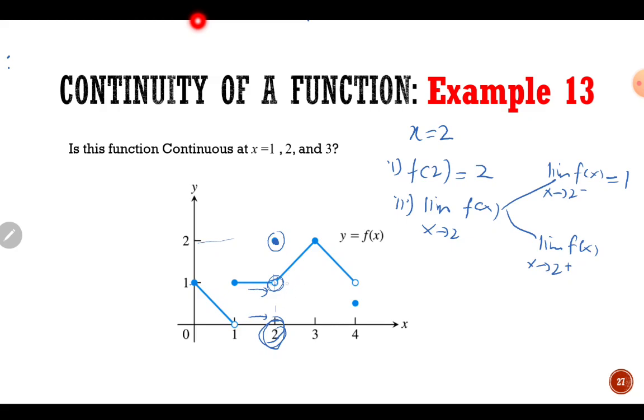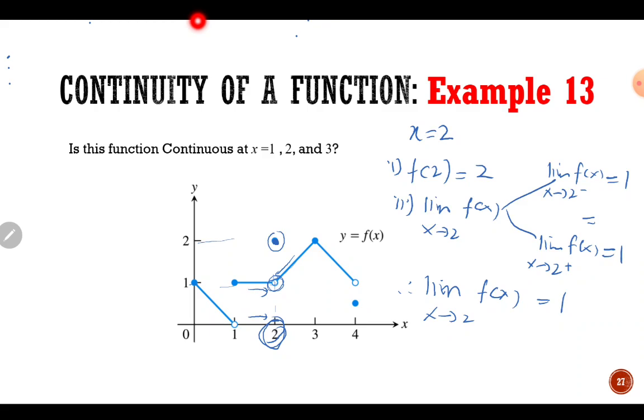From the right, we have the same curve, so approaching 2 from the right is also equal to 1. So this time the limit from the left and the limit from the right are the same. In this case, what shall we conclude? The limit of f(x) as x approaches 2 is equal to 1.